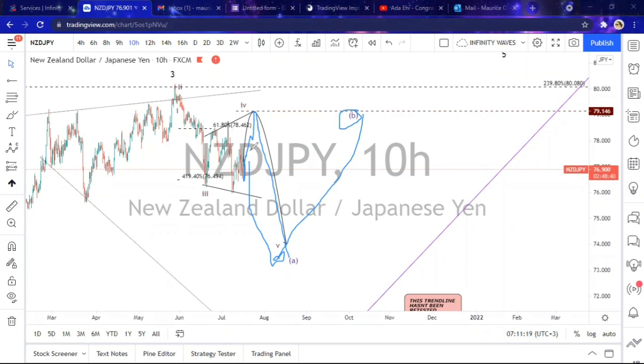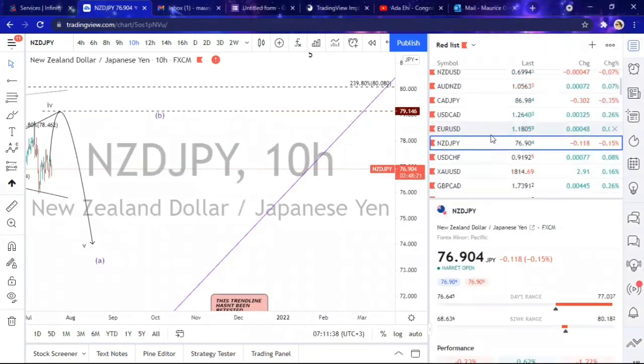So we wait for this move here in this channel to come down, or if it comes down here and gives us a sell signal, we go with it down up to point A, then we wait to go with point B. So that's for New Zealand dollar, Japanese yen.